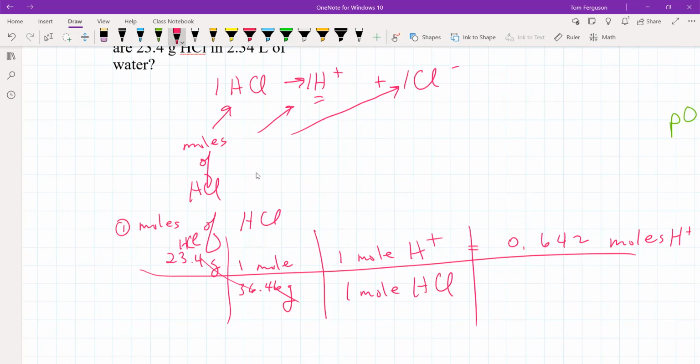Everyone see how the number of moles of H plus comes from the moles of HCl?